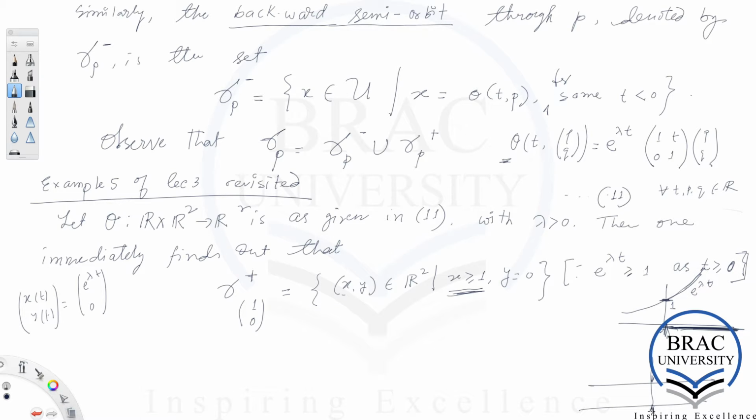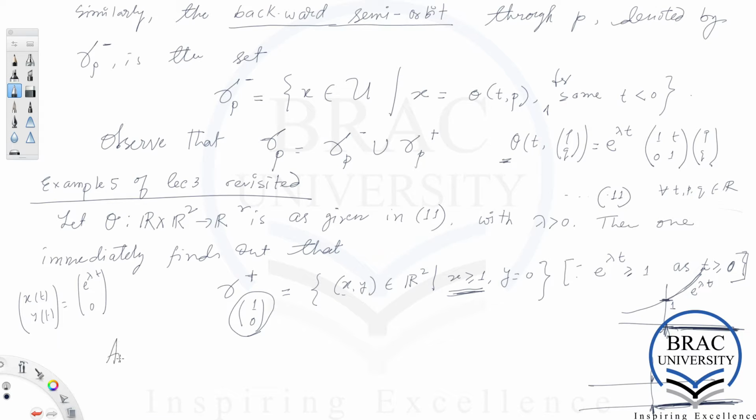Y is equal to 0 and x is greater than 1, means that you take everything to the right, right? This guy is unbounded and hence non-compact, right? Okay, so this is the forward semi-orbit corresponding to this vector 1, 0.